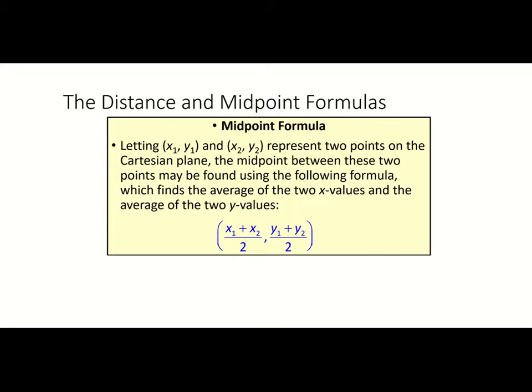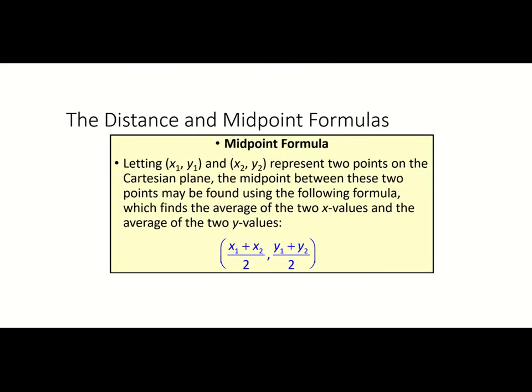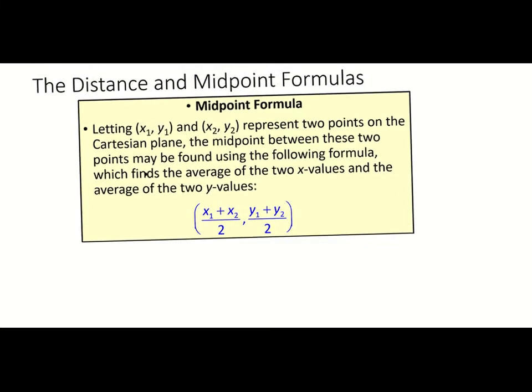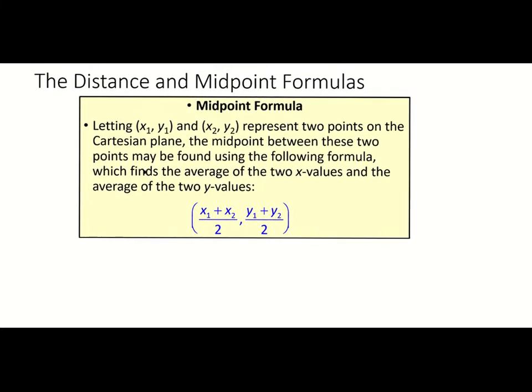So, for instance, if I had an ordered pair of 7, -12, and 5, -6. All right, we're going to find the midpoint on that.